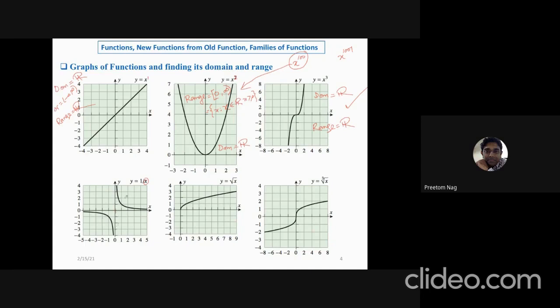And this graph is also never meeting the x axis, on which y is equal to 0, right? Since y cannot be 0, you have to exclude y equal to 0 from the range. Okay, so finally the domain is the set of all real numbers except 0. Yes, sir.